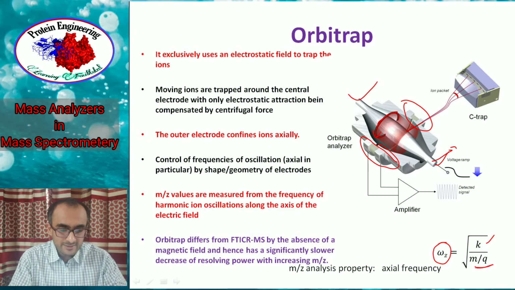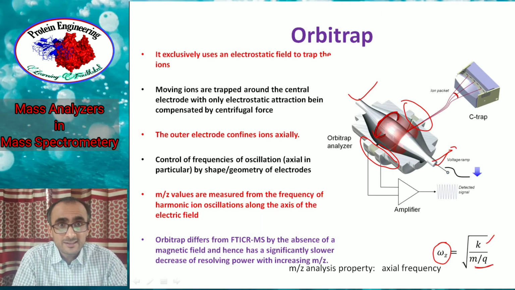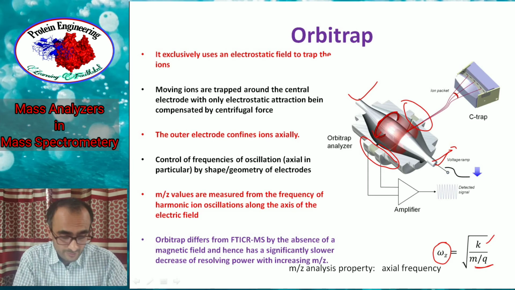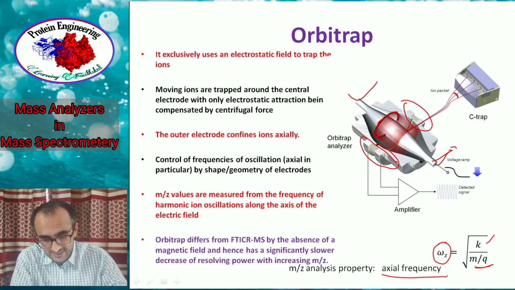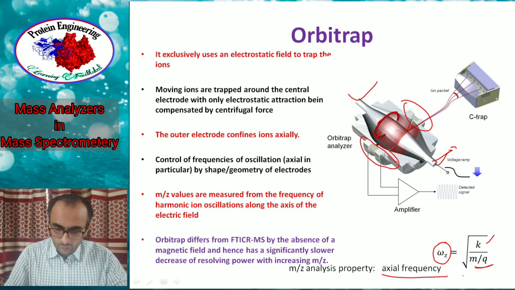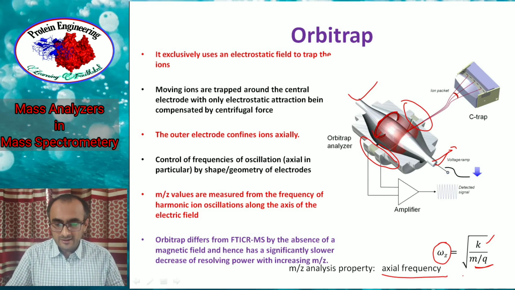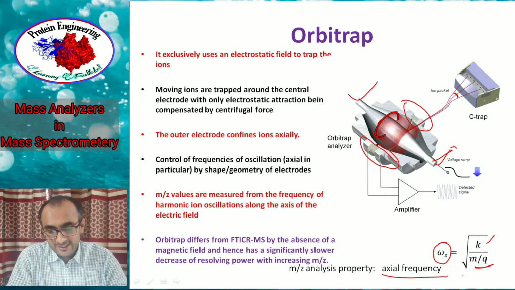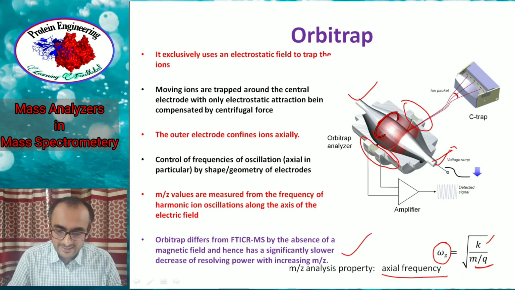So basically this axial frequency is the one which is measured here. In case of FTICR, that was cyclotron frequency, but here you have axial frequency. The Orbitrap differs from FTICR by the absence of a magnetic field, hence it has a significantly slower decrease of resolving power with increasing m/z. So when you increase m/z, the resolving power decreases very slowly in comparison to FTICR.